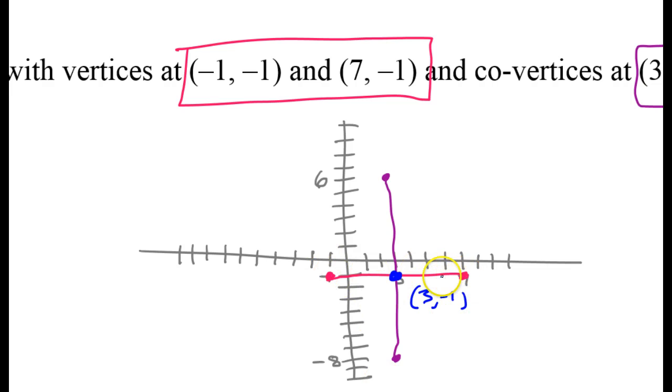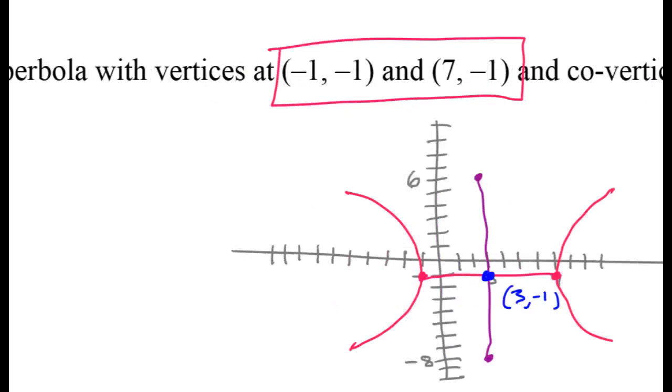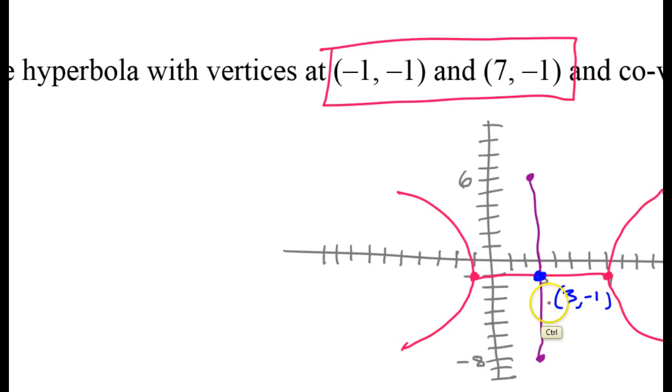Also, remember that these red points are my vertices. So that tells me that the hyperbola has branches opening to the left and to the right, because these are the vertices. Okay, so that allows me to write most of my equation right now. Because this is opening horizontally, I know that the x term is going to be first.